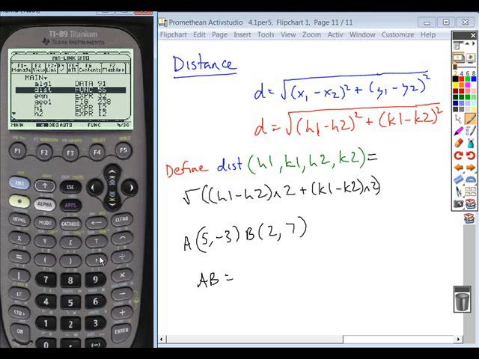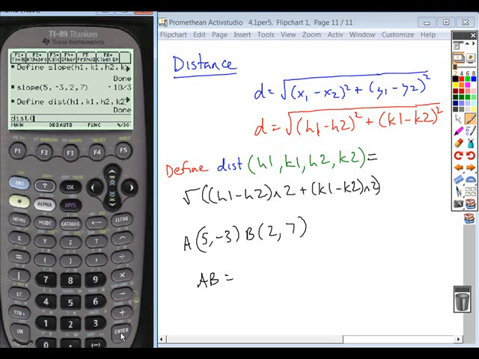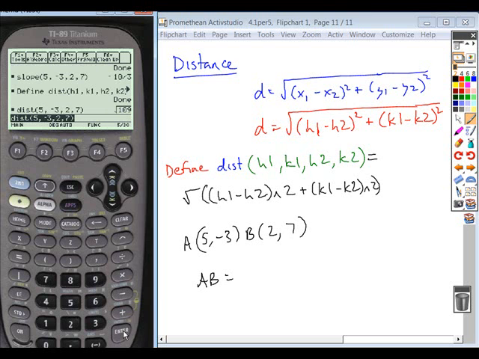You might need to hit the D button to jump to the letter D. And then just type in your points. So 5, -3, followed by 2 and 7. And when you hit enter, you get the square root of 109.